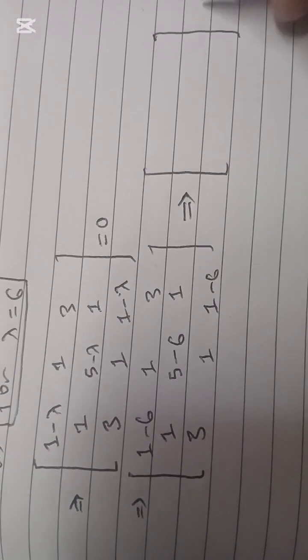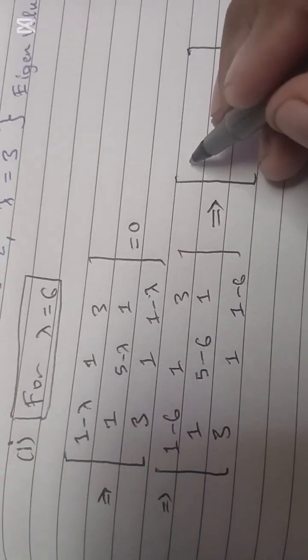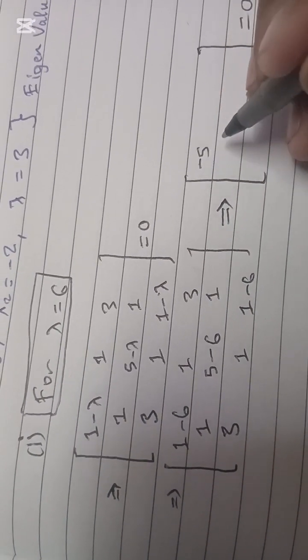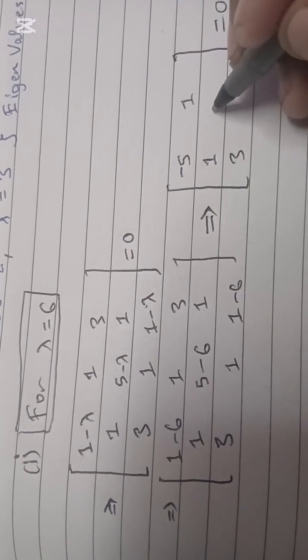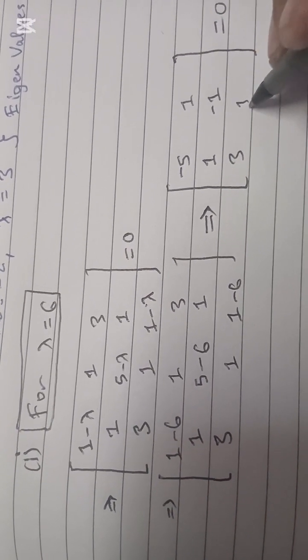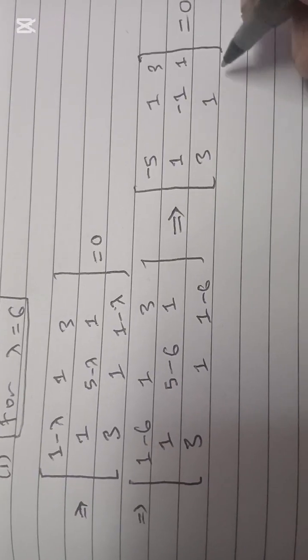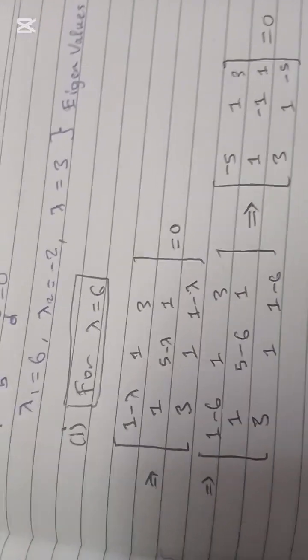Our final matrix after this substitution is 5, 1, 3, 1, 1, 1, 3, 1 and 5.